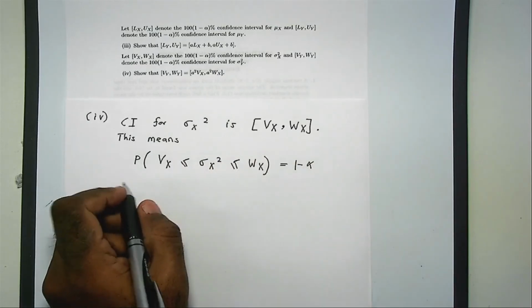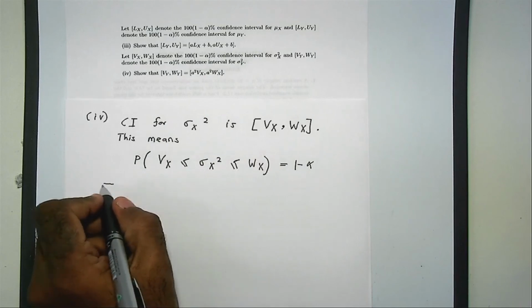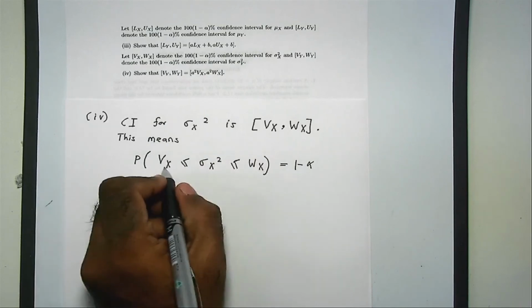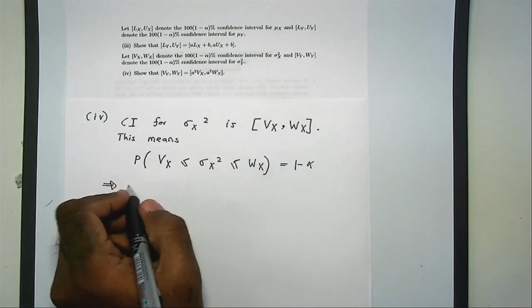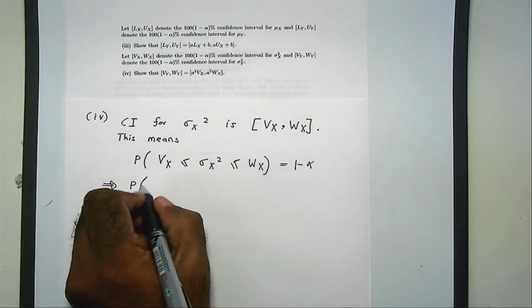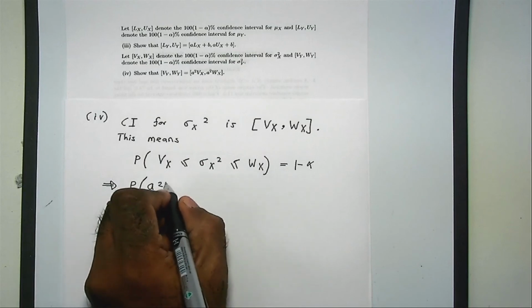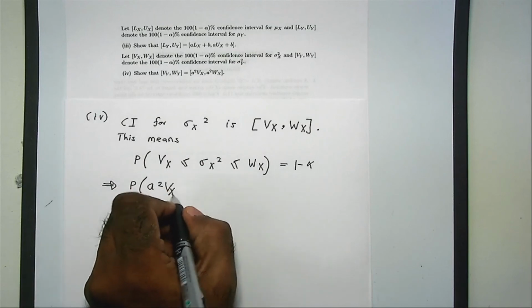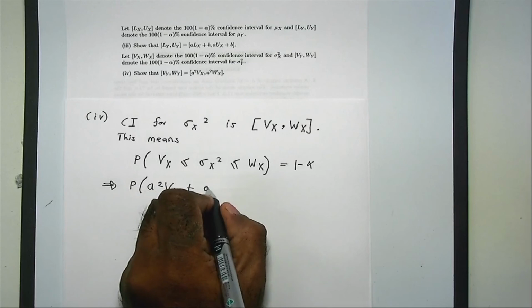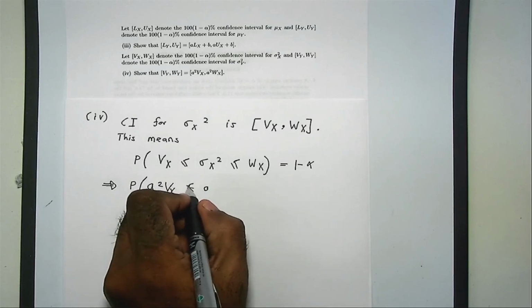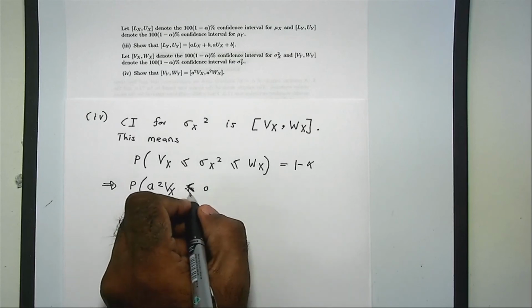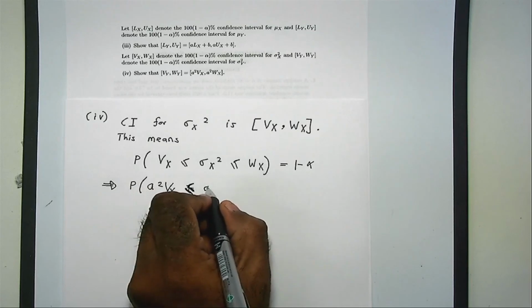Now the next thing I'm going to do is multiply every term here by a squared. So this will be the probability that a squared times the lower limit is less than or equal to a squared times sigma x squared.